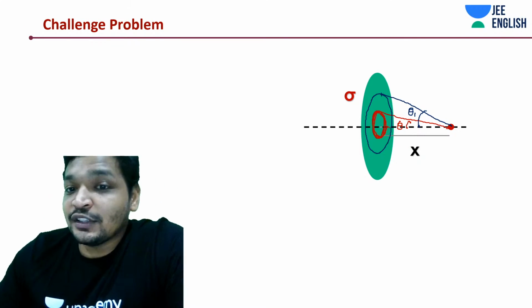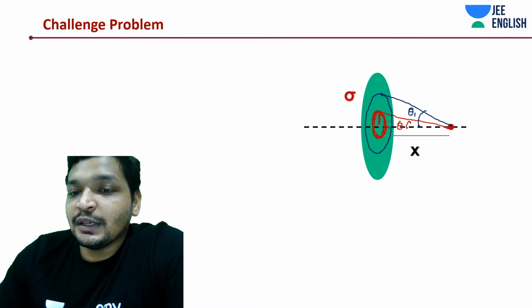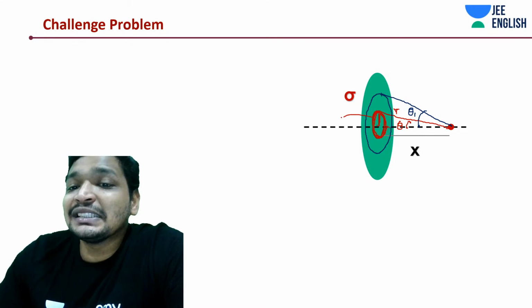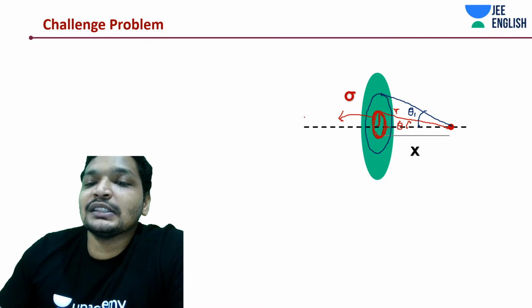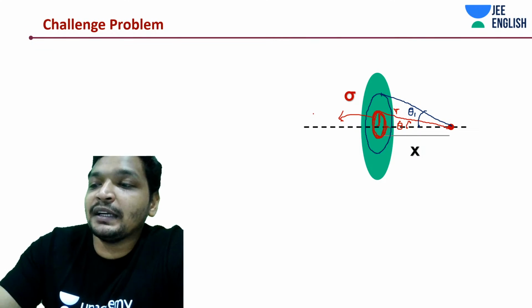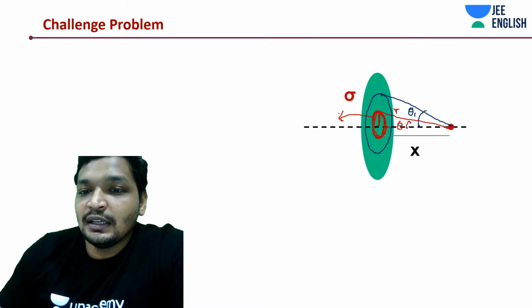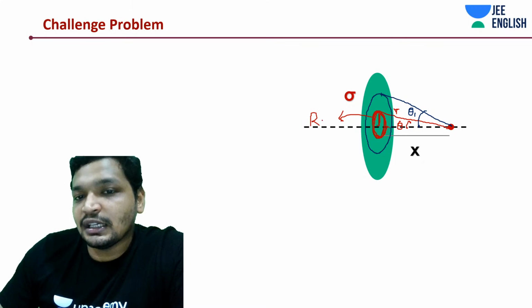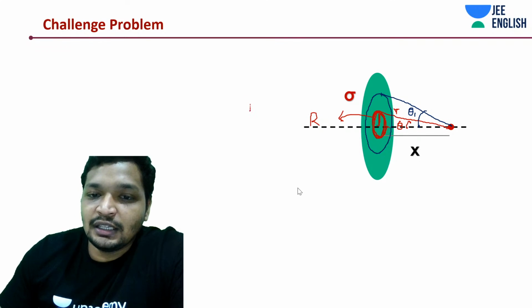X is always constant. This radius is varying. R is varying. But still it's an easy problem. Trust me students, it's super easy. If you focus, there is nothing in this. R is varying, okay?